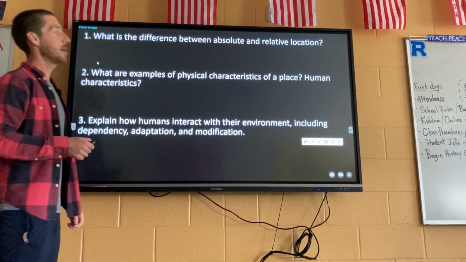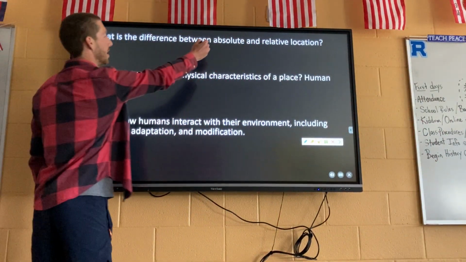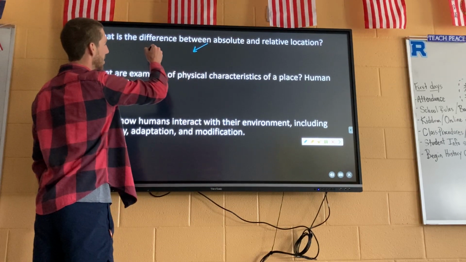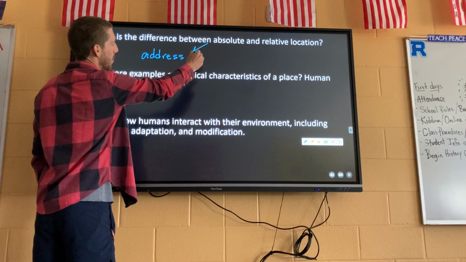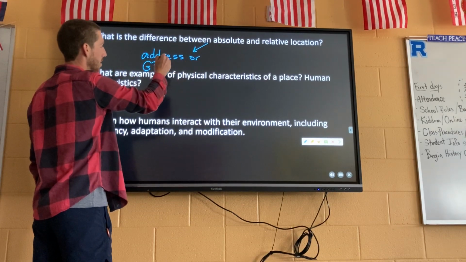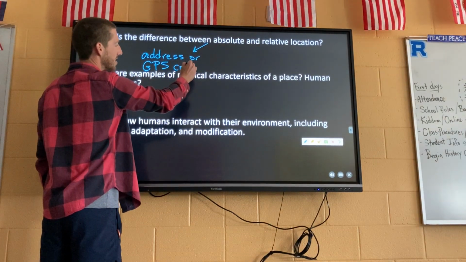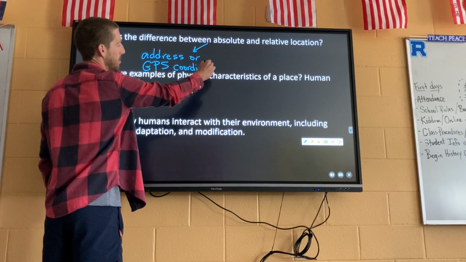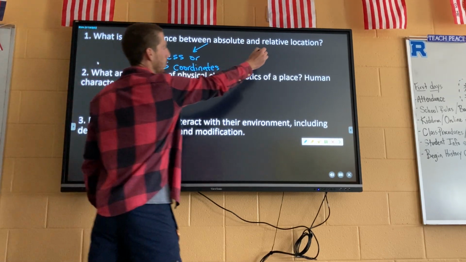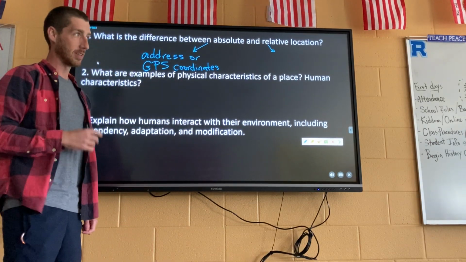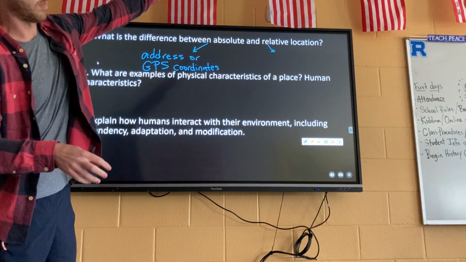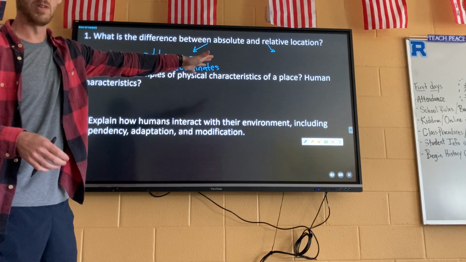The difference between absolute and relative location. Absolute location is something like an address or GPS coordinates. Okay, so it's exactly where something is. Absolutely right here. Relative is where something is based on where something else is. Rockville High School is 500 yards from Rockville Middle School.